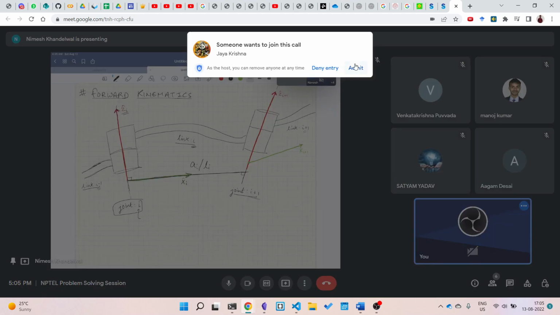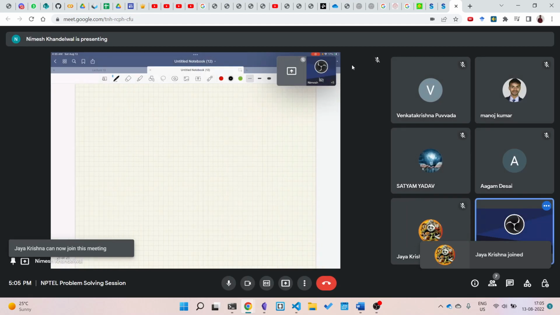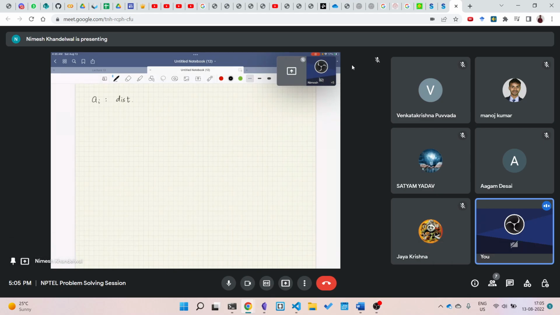So what is Ai formally? Ai is the distance between the unit vectors Zi plus 1 and Zi along the Xi axis.